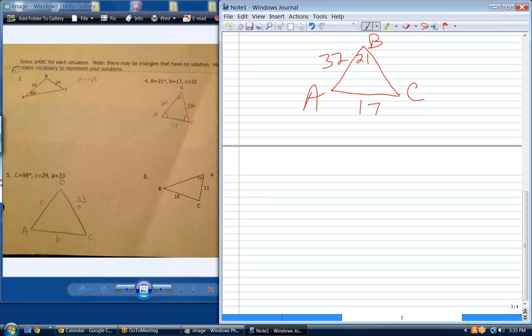Notice this is a completely different situation. Oh, no, it's not. It's the same thing, side angle. So how do I proceed? I guess the same way. You tell me, and I'll write the equations.